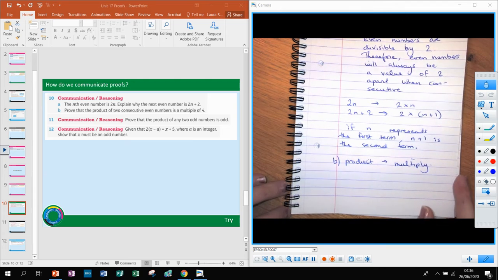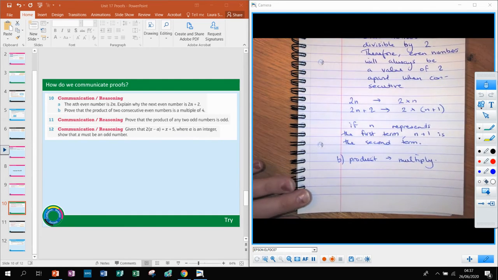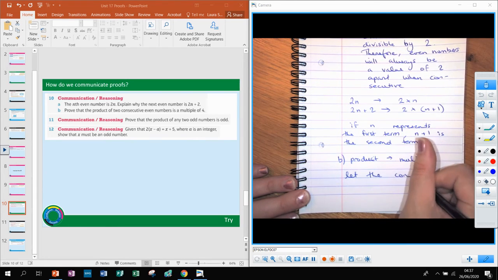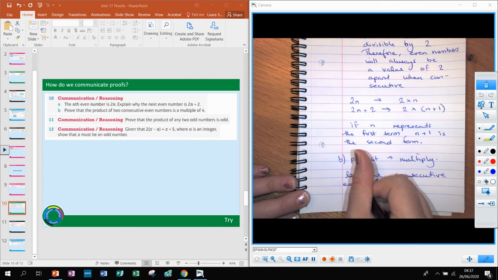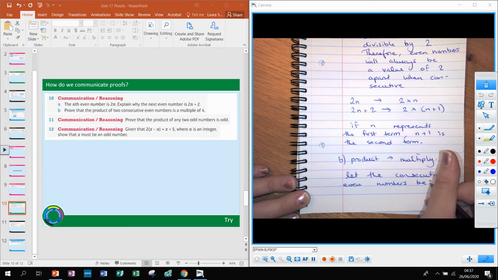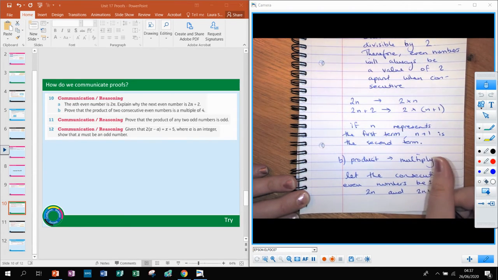It says that they have to be consecutive even numbers, so because of that consecutive, we're going to use the same letter. So we can let the consecutive even numbers be 2n and 2n plus 2.